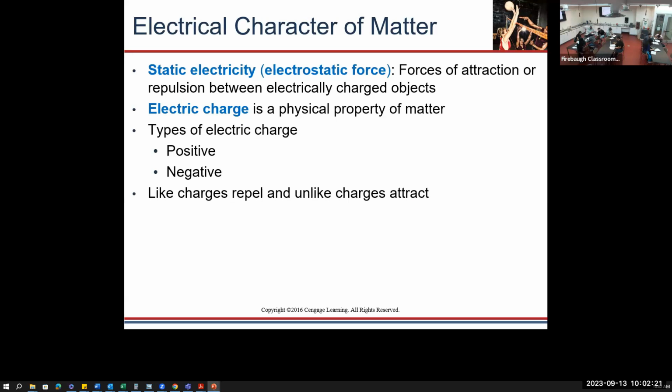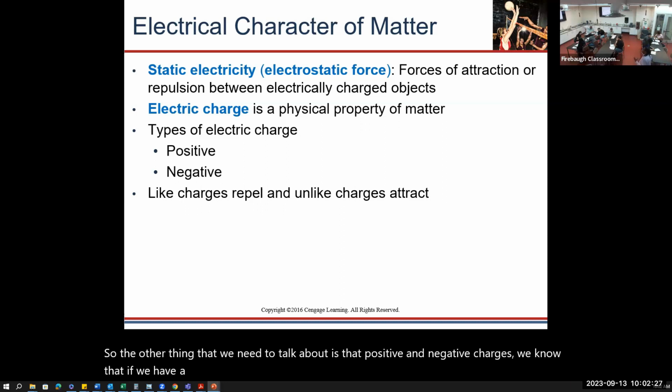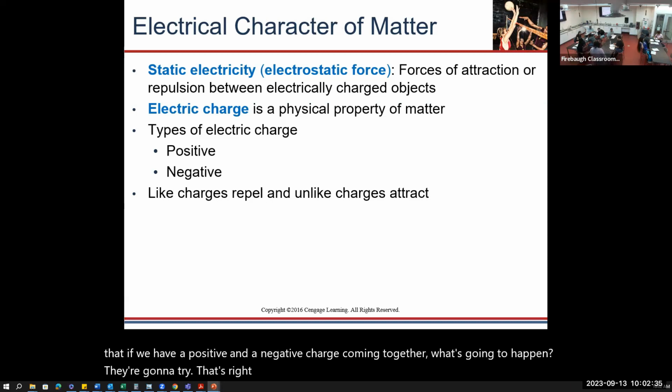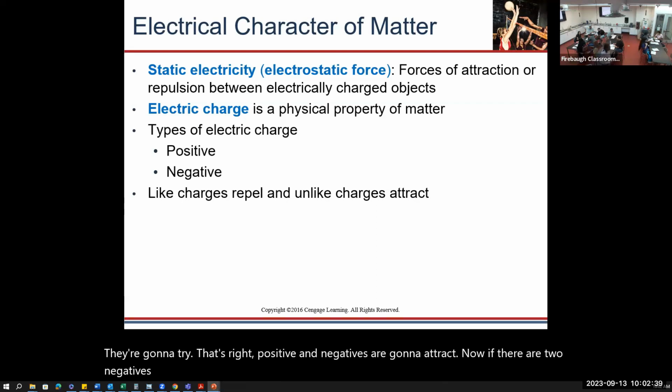Okay, so the other thing that we need to talk about is positive and negative charges. We know that if we have a positive and a negative charge coming together, what's gonna happen? They're gonna attract, that's right. Now, if there are two negatives, what's gonna happen?